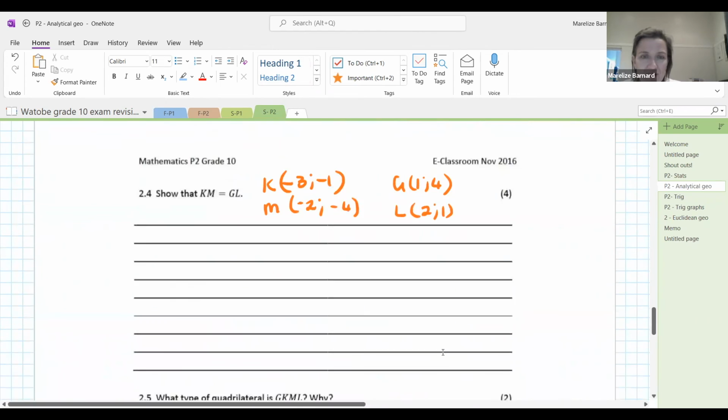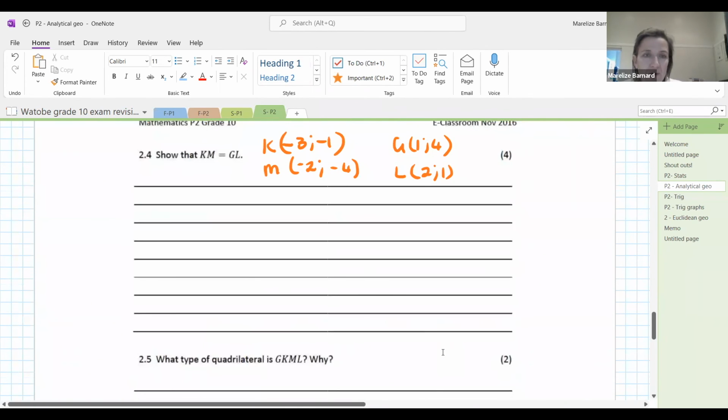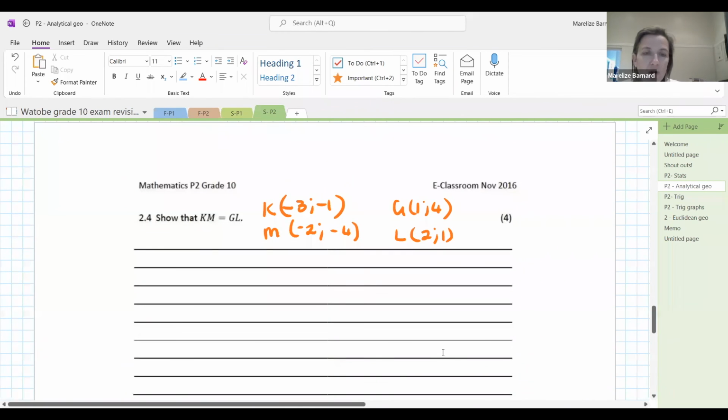Let's see what else there is. Okay, so we have to show that KM is equal to GL. So what are we going to show now? Put it in the chat. What are we going to work out now to show that KM is equal to GL? We've just done equal gradients.